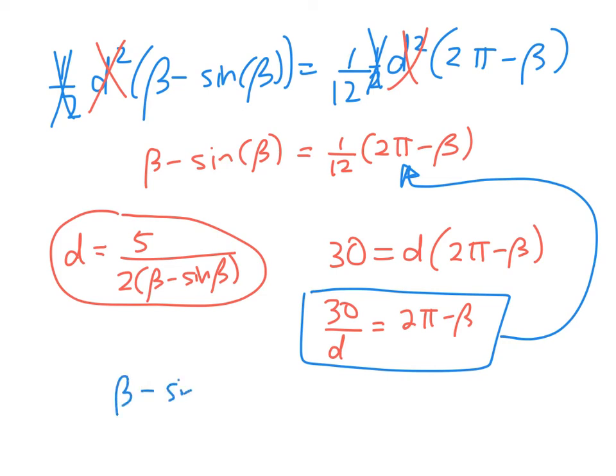Beta minus sine beta is equal to 1/12 times 30 over d. So now we're getting closer. We're going to clean that up on the next slide. So beta minus sine beta is equal to 30 over 12d. Simplifying the fraction, we can take out a common factor of 6, and we get 5 over 2d.